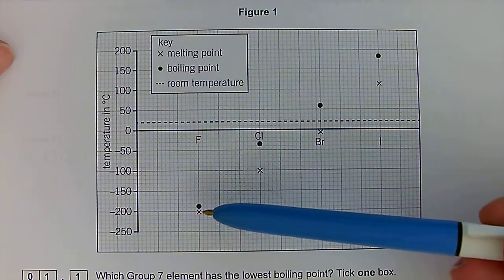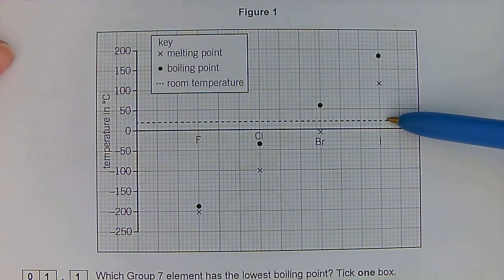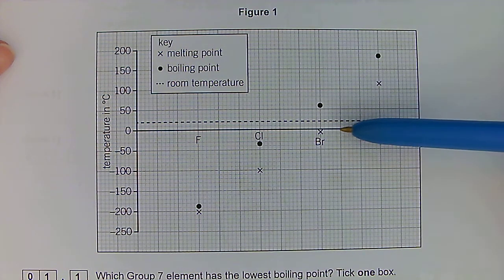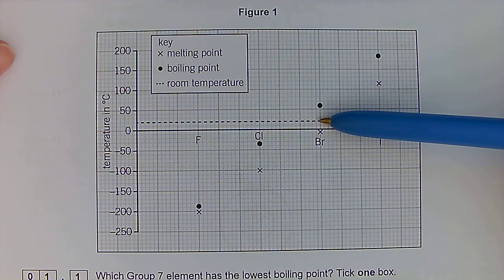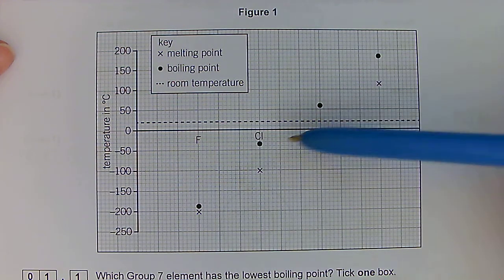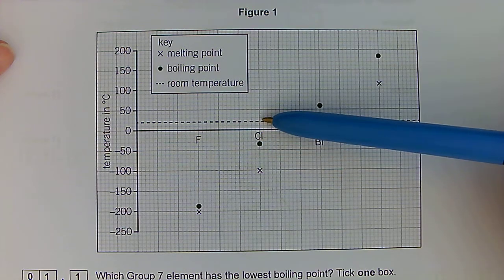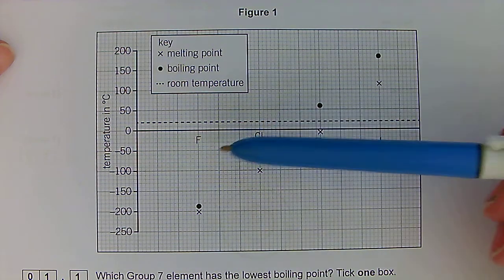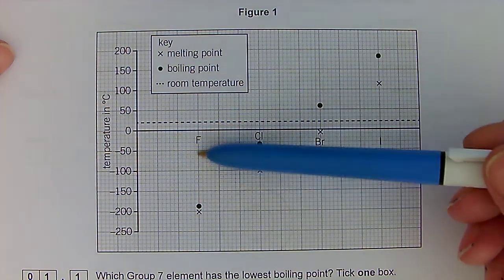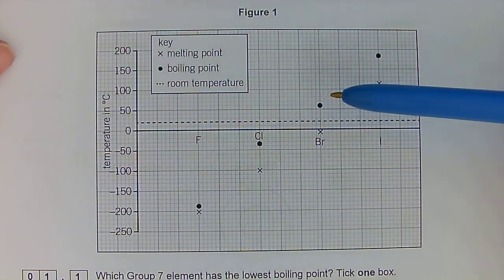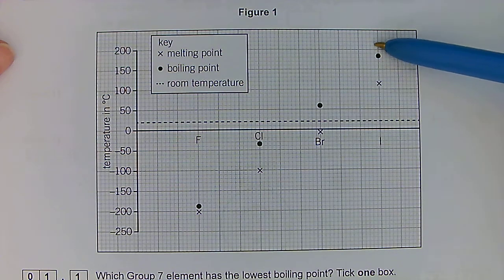So if we are below room temperature, then if it hasn't melted, it'll still be a solid. If it has melted but hasn't boiled, like here, it'll be a liquid. And like these two, these have already melted and boiled at room temperature, so they're going to be gases. So anything above the dot is the gas phase.